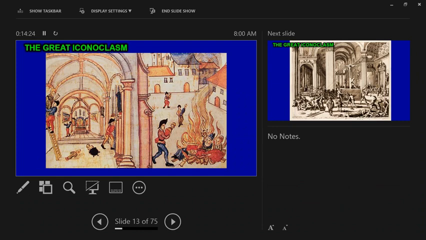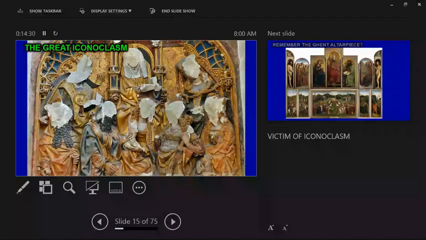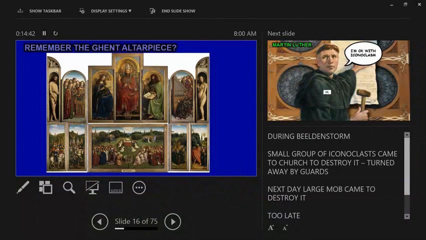So I have a couple of pictures of people destroying this artwork. And so here is an example of iconoclasm, vandalizing this artwork. Do you guys remember the Ghent altarpiece? The Ghent altarpiece was in a church.